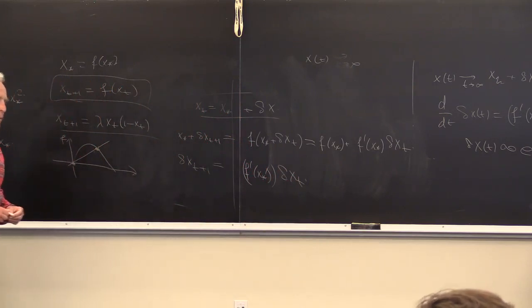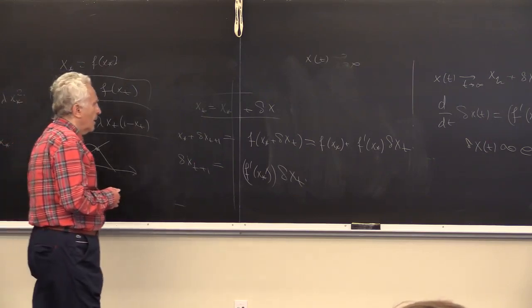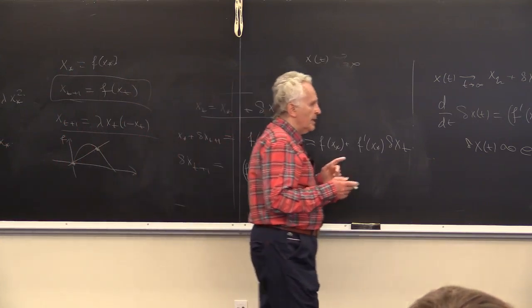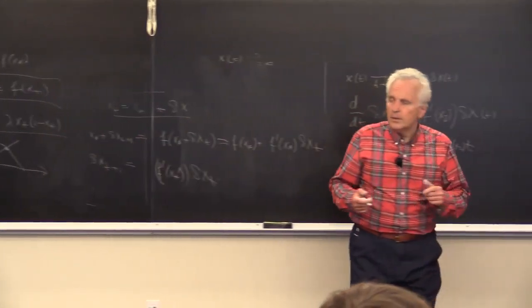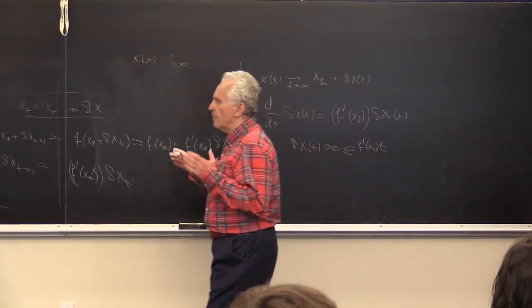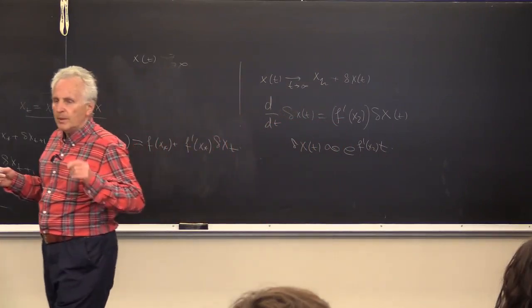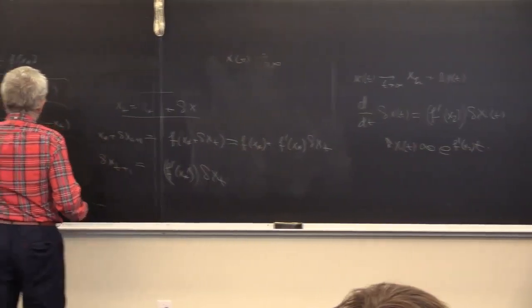Now, what is the stability or instability condition here? If the derivative is less than 1? To be precise, you are right, but to be precise, its absolute value should be less than 1, because in fact the derivative is negative here.